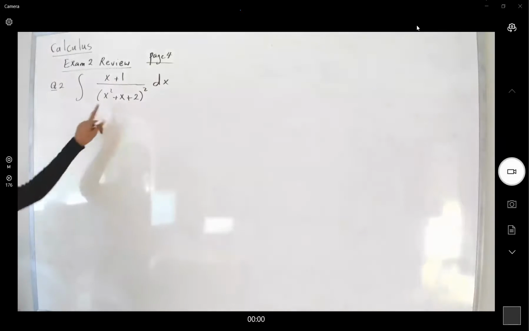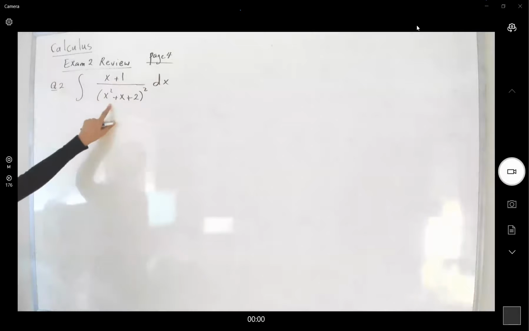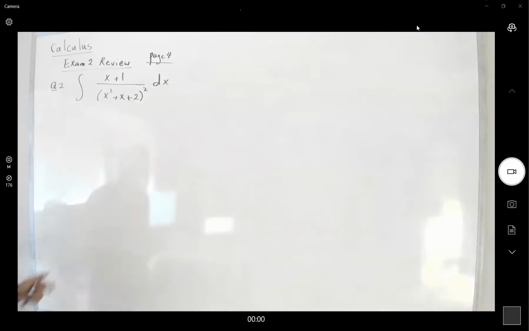Well, here we can use u-substitution. Here you can convert this and complete the square, then use u-substitution to solve it.